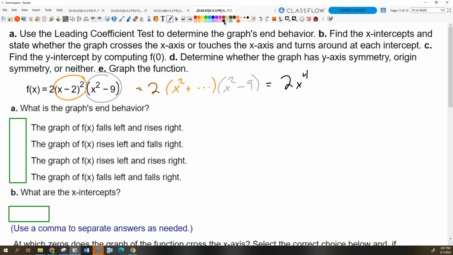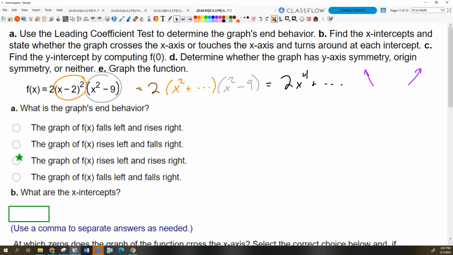So that's telling me my end behavior is positive even, right? Good. Okay, so which one? A, B, C, or D? C? Is that what I heard? Third one down? Yep. I like it.